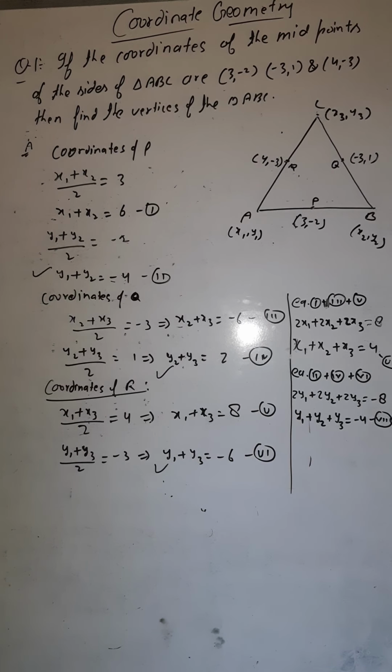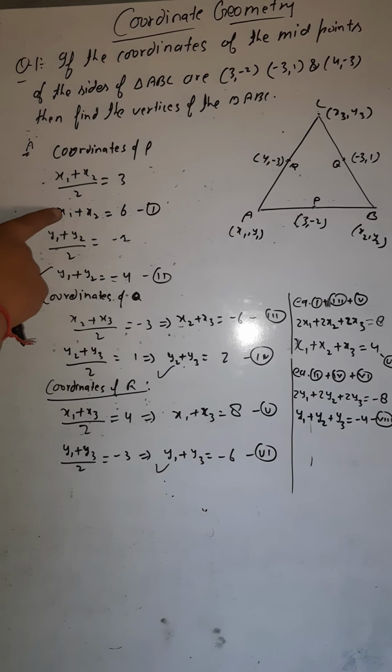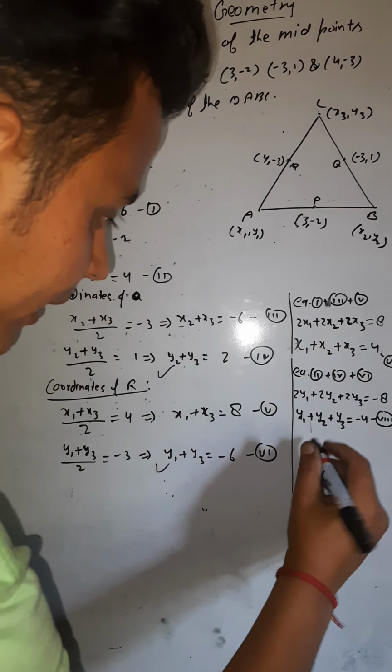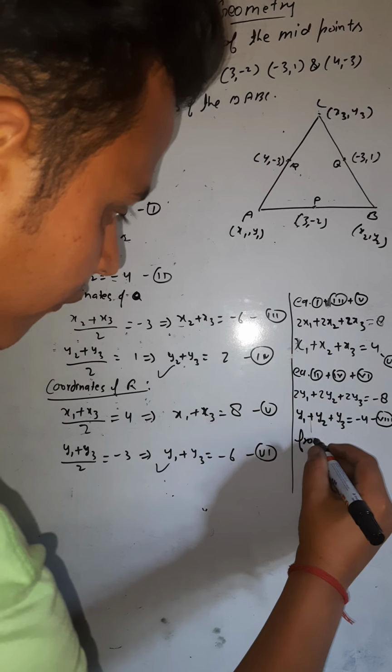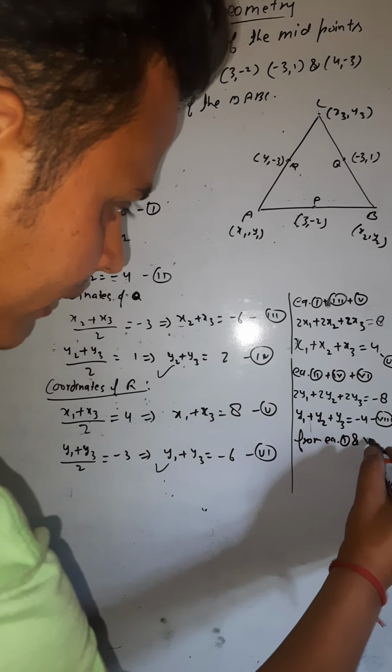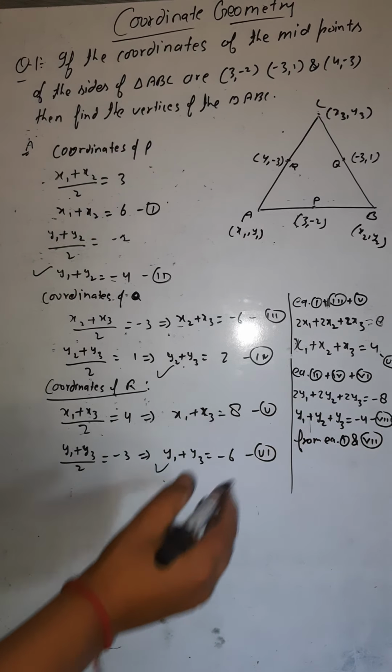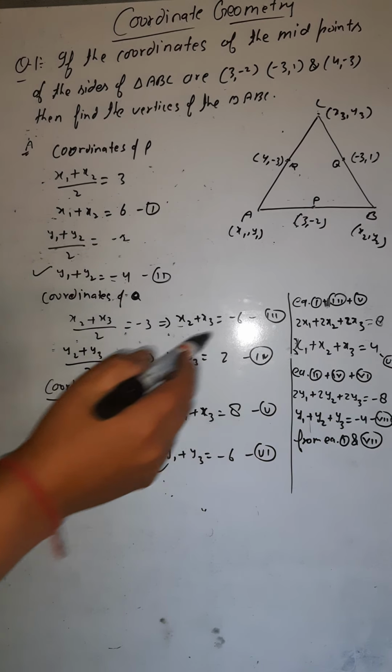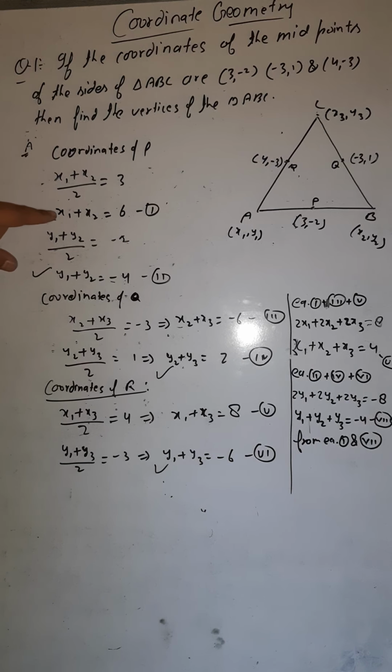Downside I'm writing from equation number 1 and 7. This is equation number 7. Equation 1 says that x1 plus x2 is 6, so in place of x1 plus x2, I can write 6.